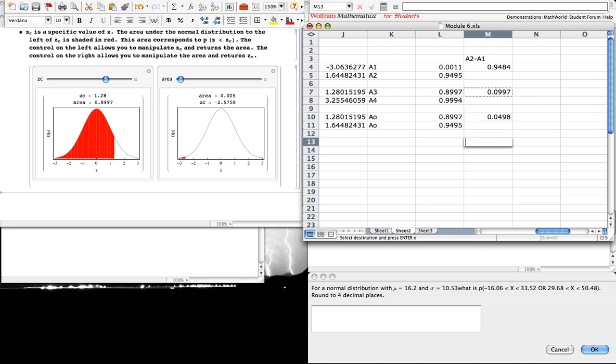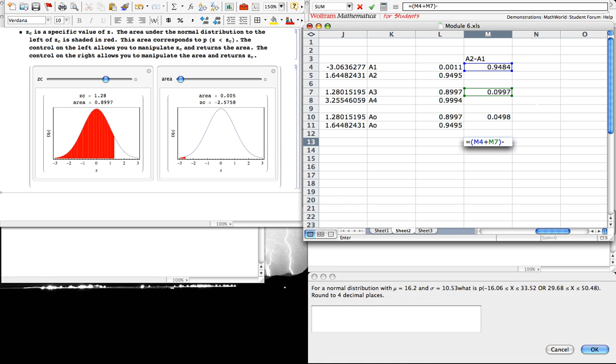Okay, so to find the total area, I add up these two values and I subtract. So this is the probability of ending up in interval 1 from minus 16.06 to 33.52. This is the probability of ending up in area 2.